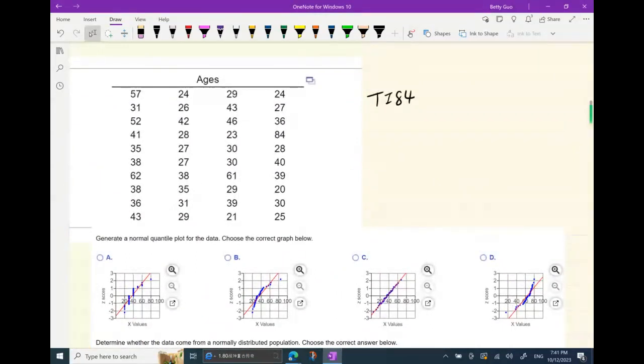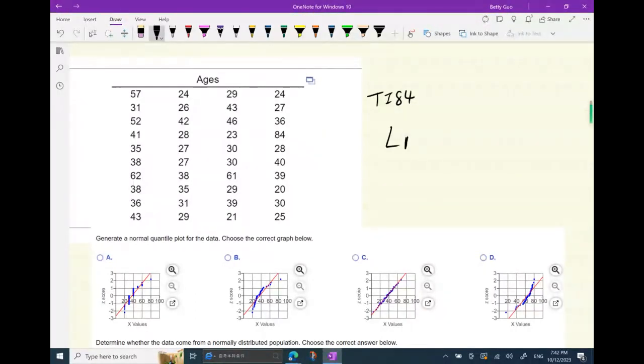All right, TI-84 calculator. The first step is to enter those values in your list 1. Let's all enter those values in list 1 just for convenience. Technically, you can use any one of the 6 lists in the TI-84 calculator, but let's just use L1.